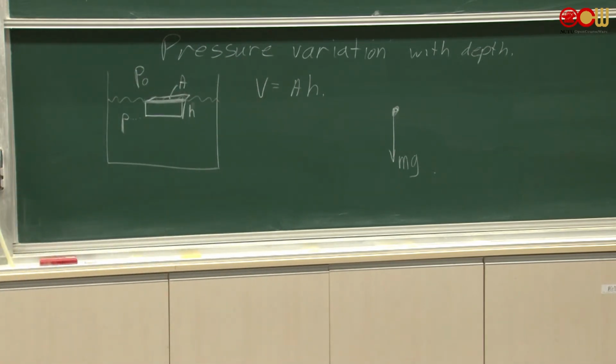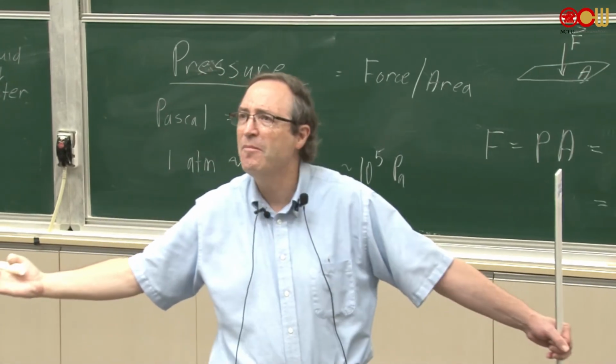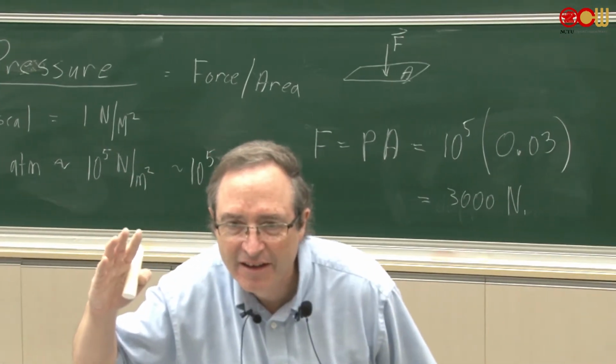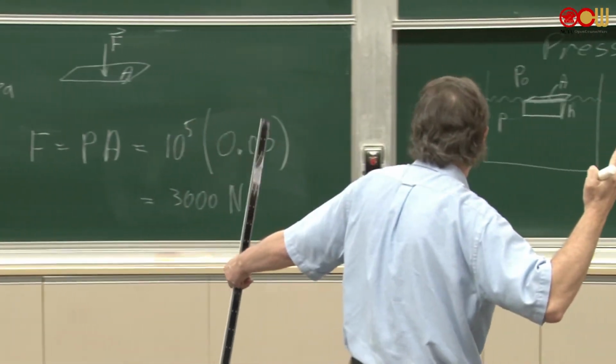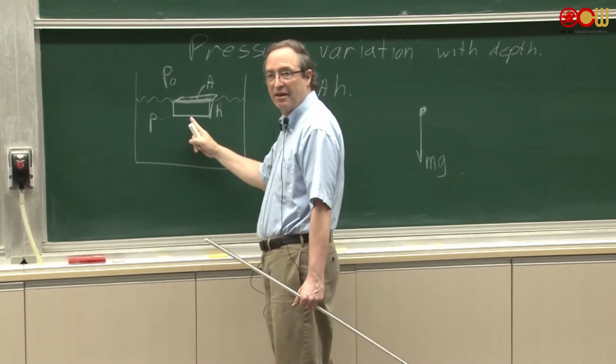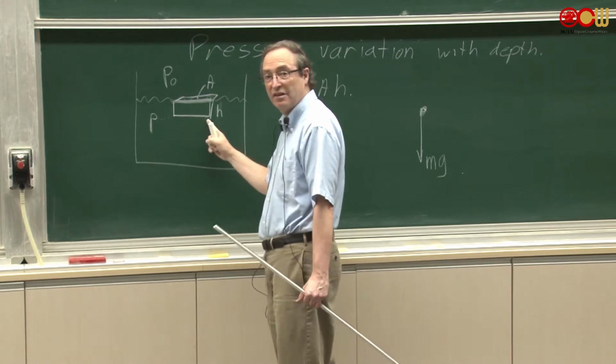Now remember, we're considering the forces due to pressure. So what else is there? There's got to be other forces, otherwise that piece of water will flow down, and it's not. When I have a glass of water, the water just stays there. I don't notice the water on the top moving down. Where's the pressure coming from? Is there a pressure on this surface?